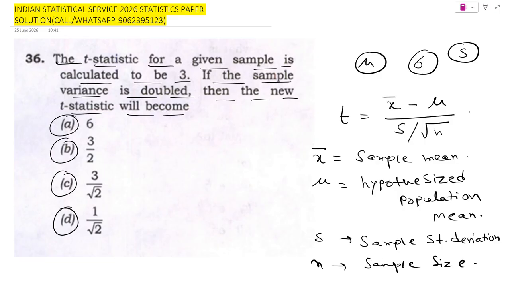If you double the underlying variation, that is the variance, you are introducing more noise into the system. More noise means your signal becomes harder to see, so intuitively our t statistic must decrease. This immediately eliminates option A without doing any math.